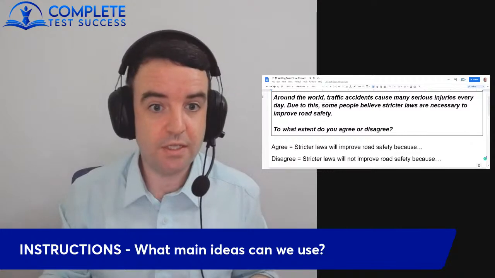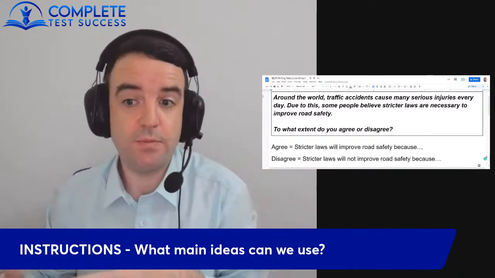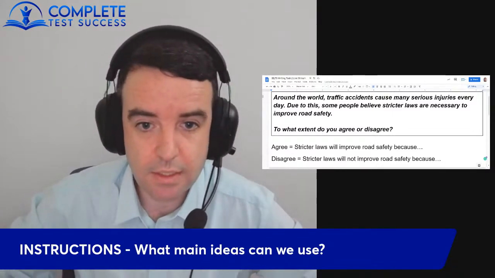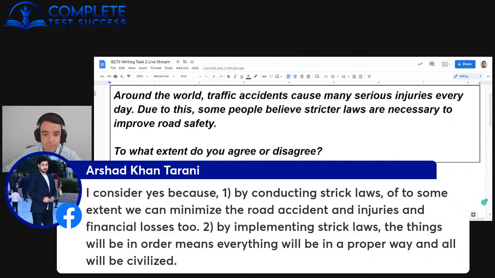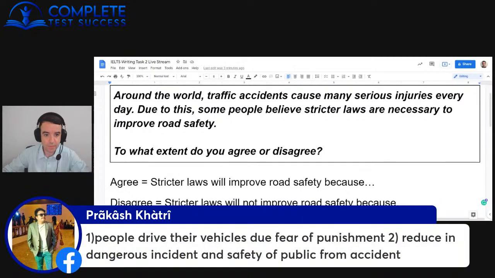Or if you're disagreeing, you're saying, why will these stricter laws not change people's behavior? So again, it seems to be a tricky question for you guys. I think most of you don't understand the question, but not necessarily. But again, with these ideas, you're more focusing on the outcome, not explaining how that outcome, or thinking of reasons why that outcome will happen.